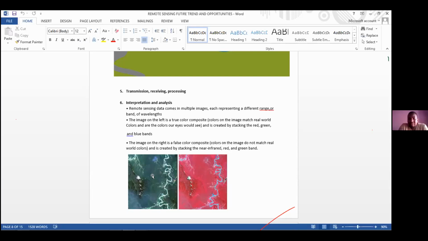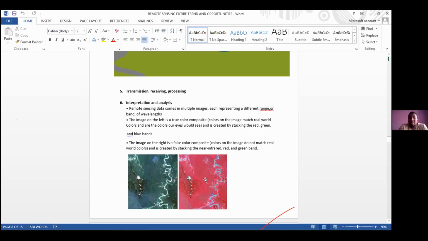And then the image on the right side of the screen shows the false color composite. When you're downloading these images from the satellite, they come as false color composite. You see them this way. Then it's you, as a remote sensing expert, who turns this image from false color composite to true color composite, and you use that.